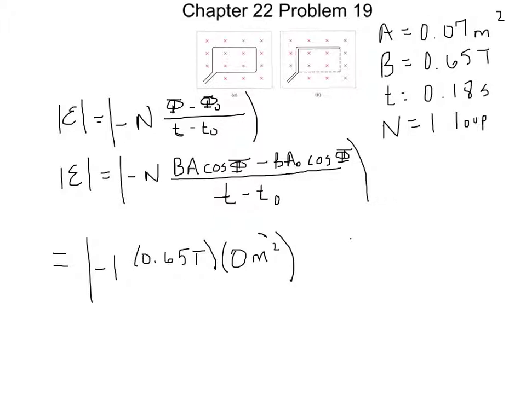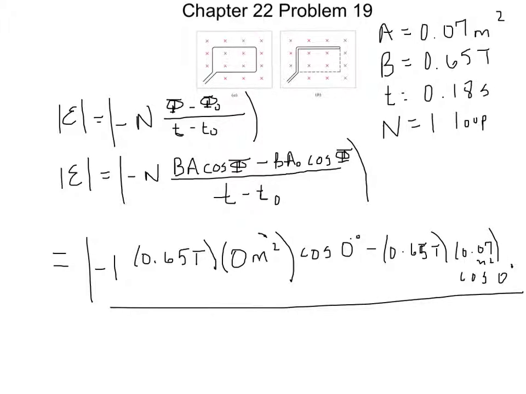Also, the angle normal to the field is 0 degrees, minus the same thing, except only the area changes: 0.65 Tesla times 0.07 times cosine 0 degrees, all over the change in time.